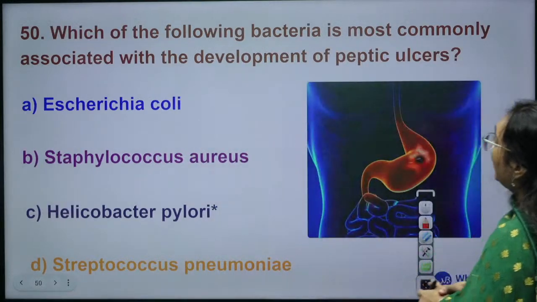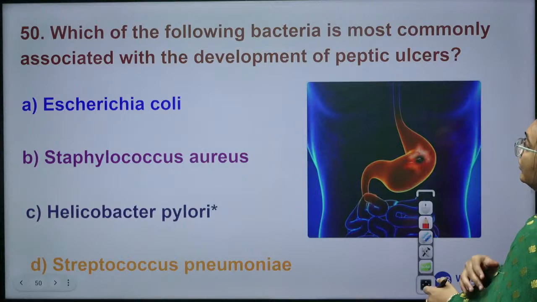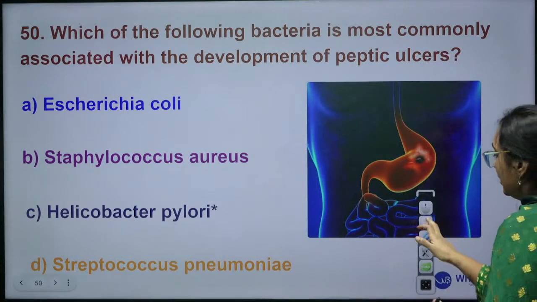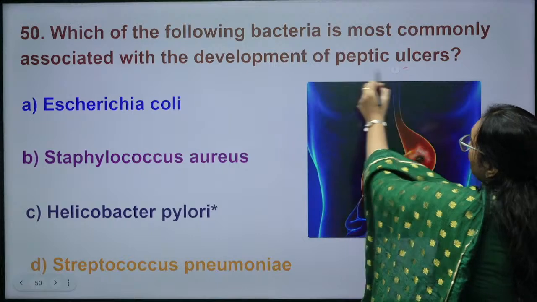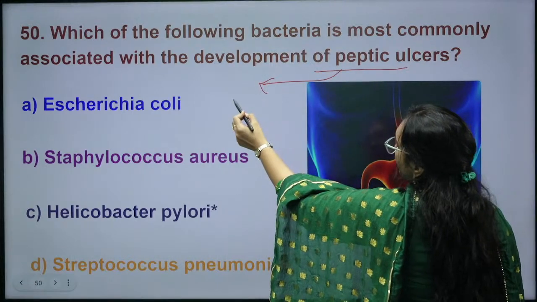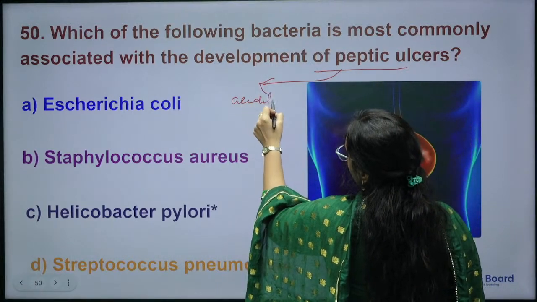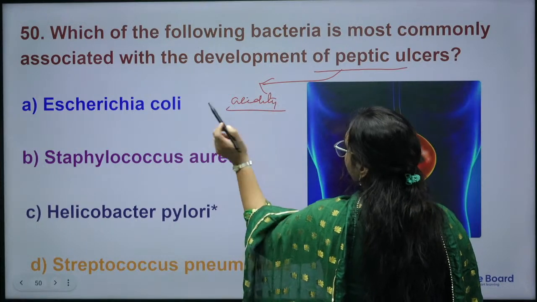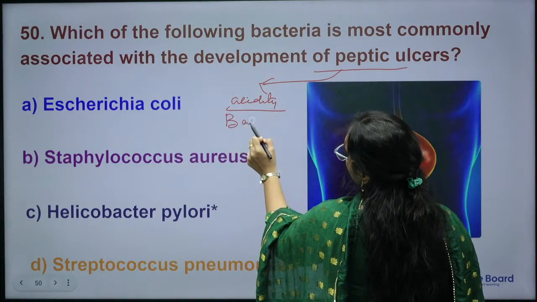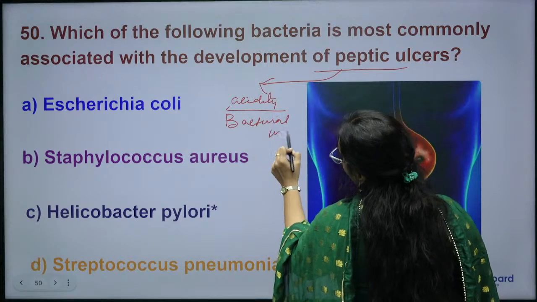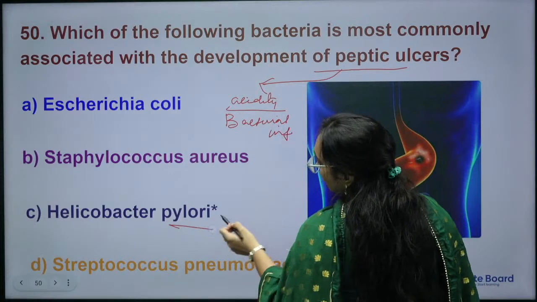Which of the following bacteria is most commonly associated with the development of peptic ulcers? Peptic ulcers are caused by acidity, acid conditions, and one bacterial infection, that is Helicobacter pylori. Okay?